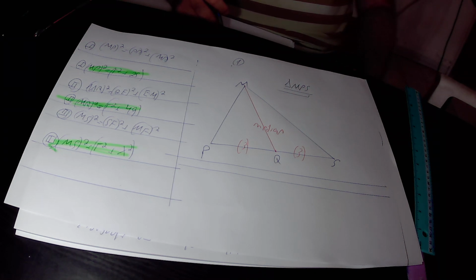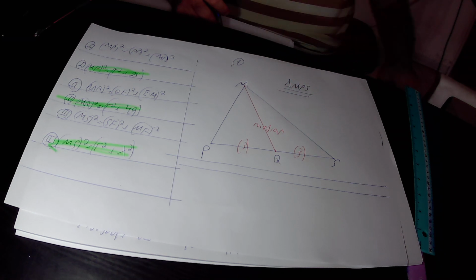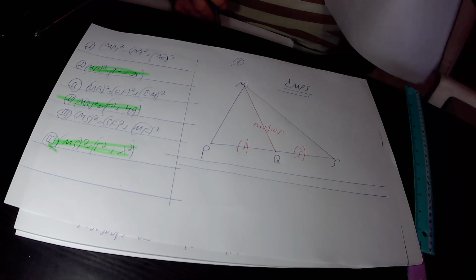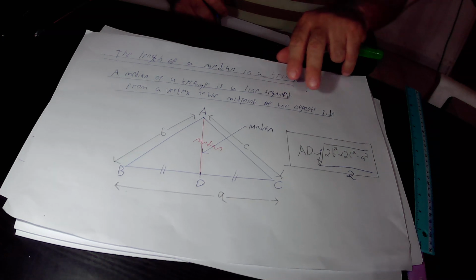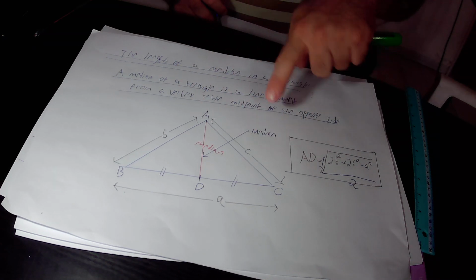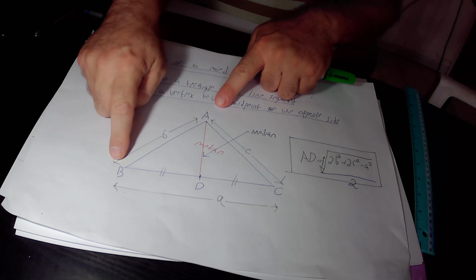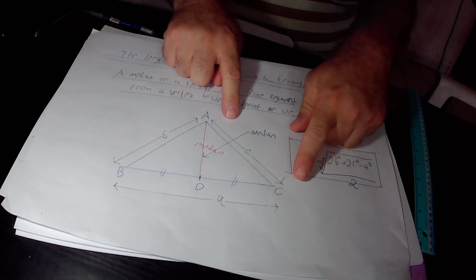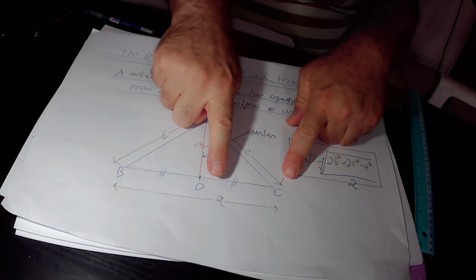Actually, we have a special formula that will help us find the length of the median MQ. So, this is triangle ABC. The length of side AB is B units, the length of this side AC is C units, and the length of this side BC is A units.